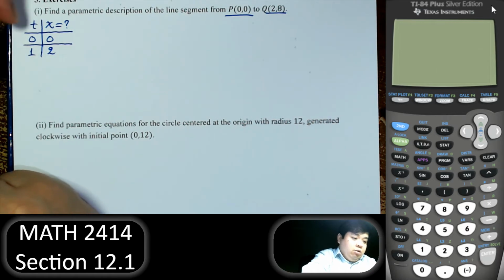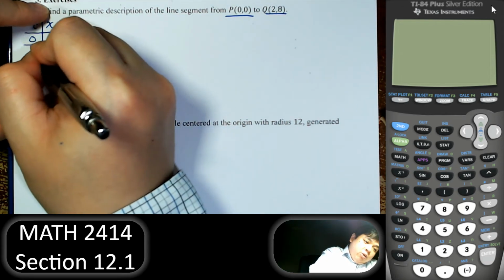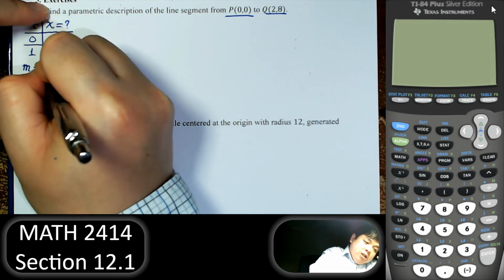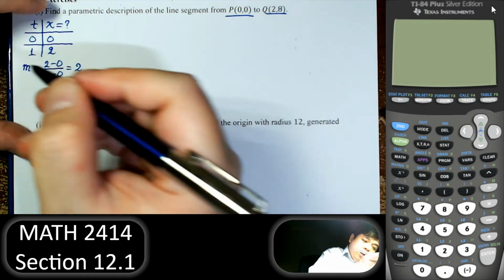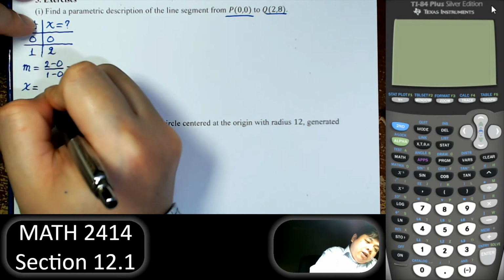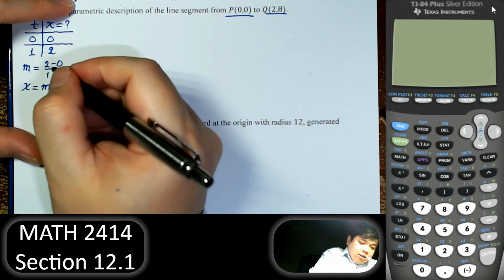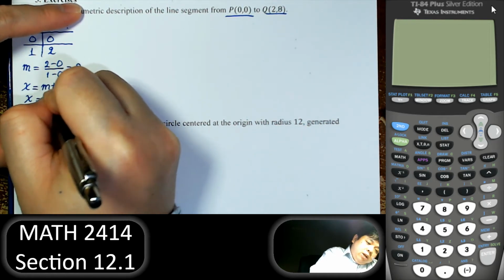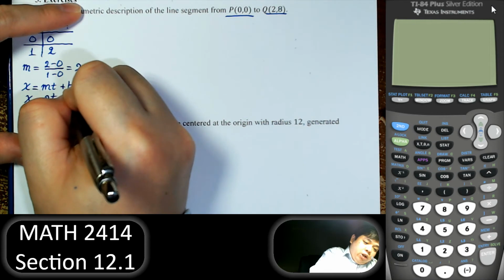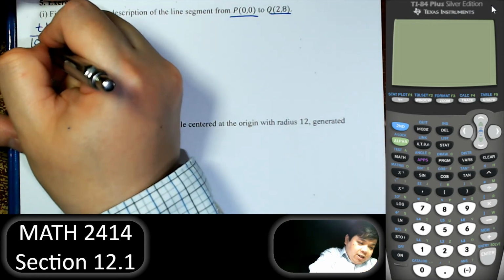Now that's easy. It looks like x equals 2t, right? But let's just do the slope, the change in x over change in t. And then x equals mt plus b, because m is equal to 2. And then we have 0, 0.